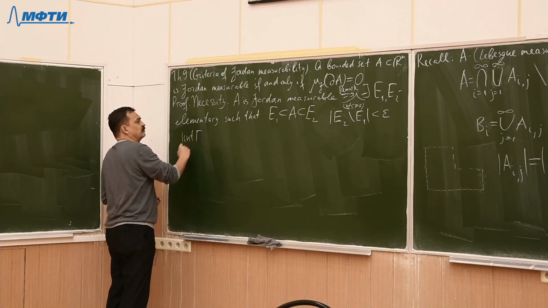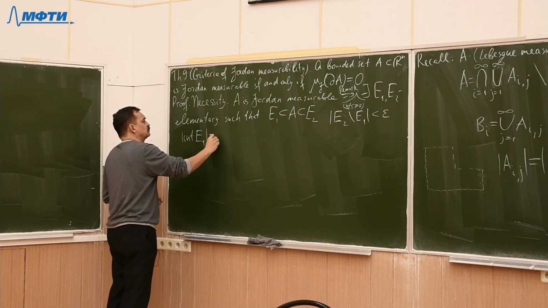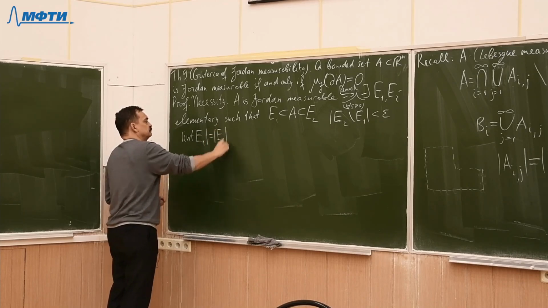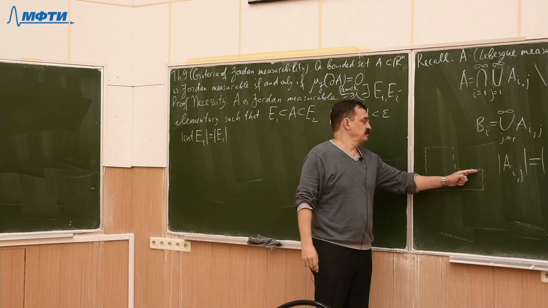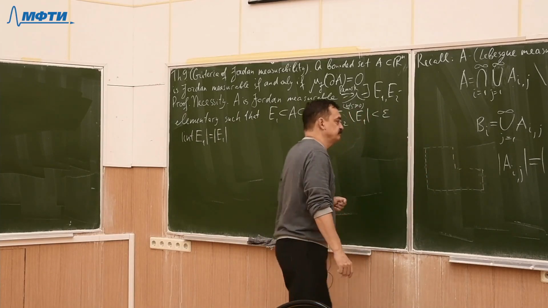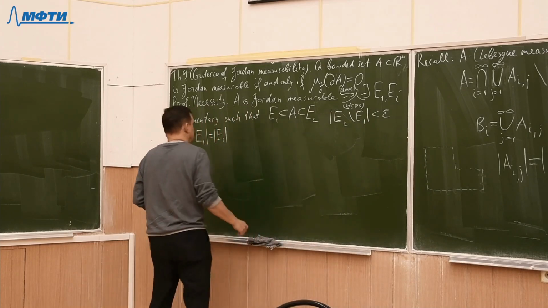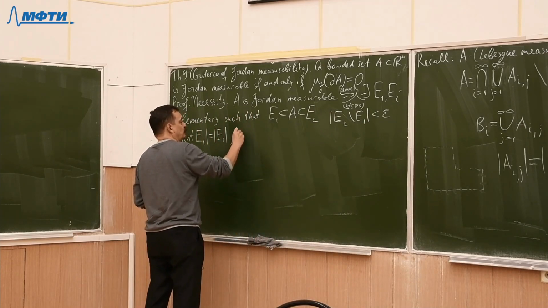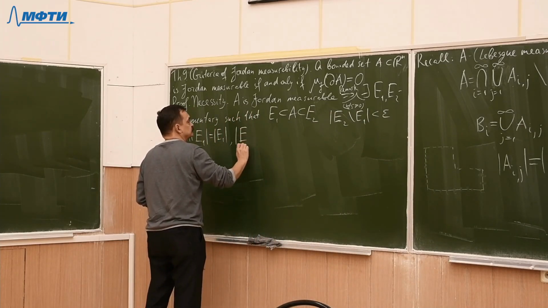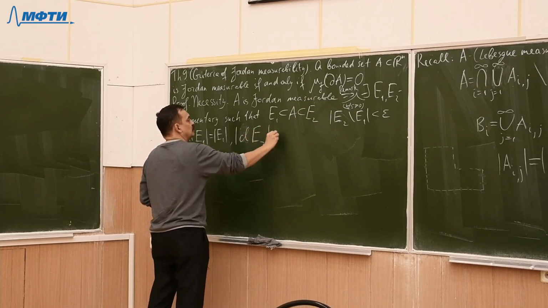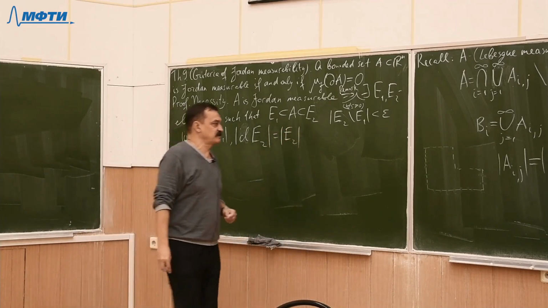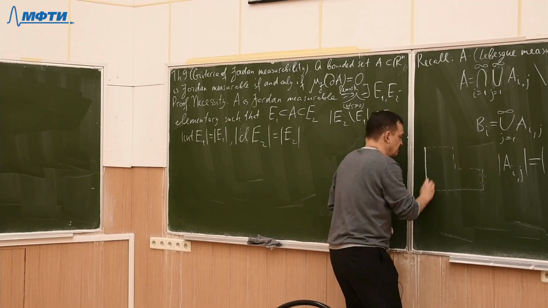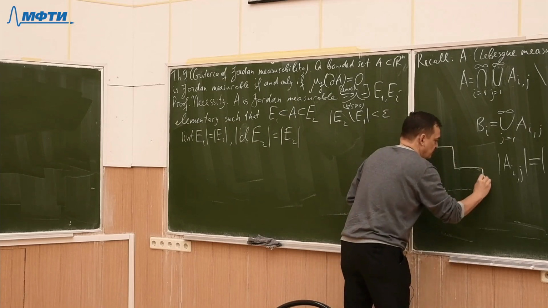Also, as I mentioned, the volume of the interior equals the volume of E1, because interior means we delete the boundary. Of course, volume doesn't change. And the volume of the closure equals the volume of E2 analogously, because closure means that we add the whole boundary to the set.